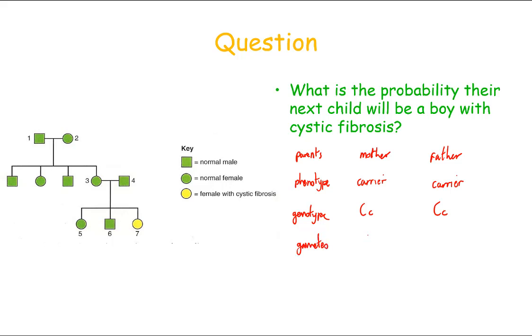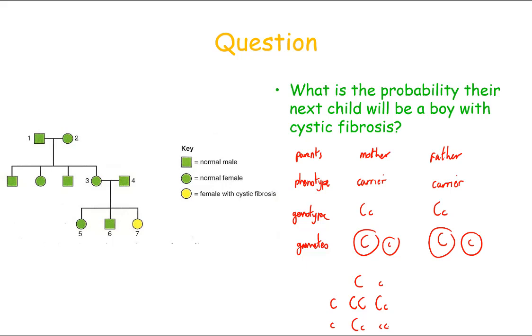Gametes that they produce then will be this. We put it in a Punnett square. Two big C's, big C, little c, big C, little c, little c, little c.